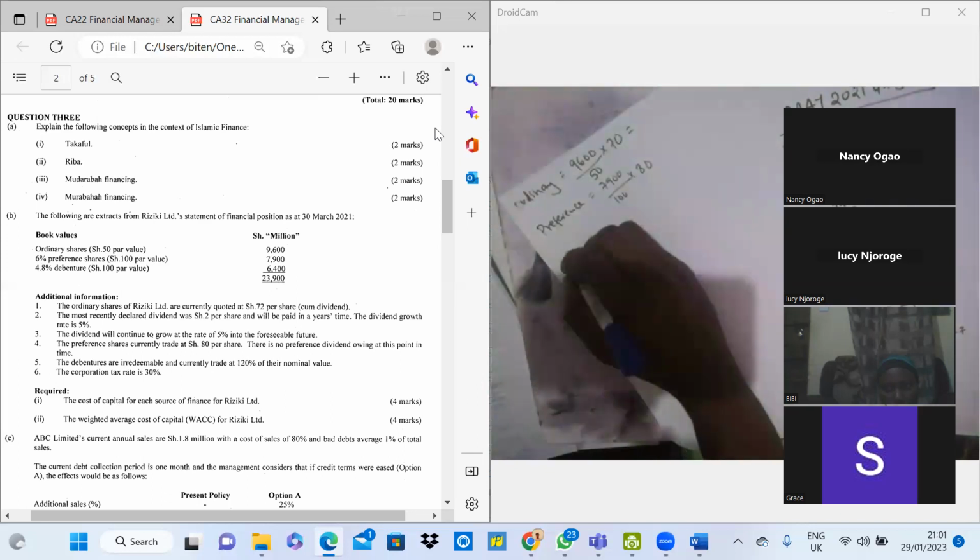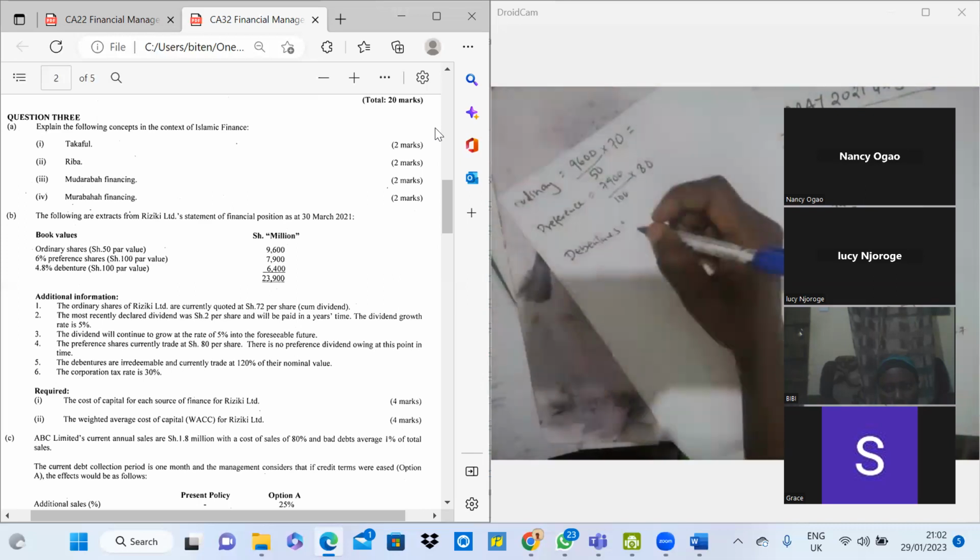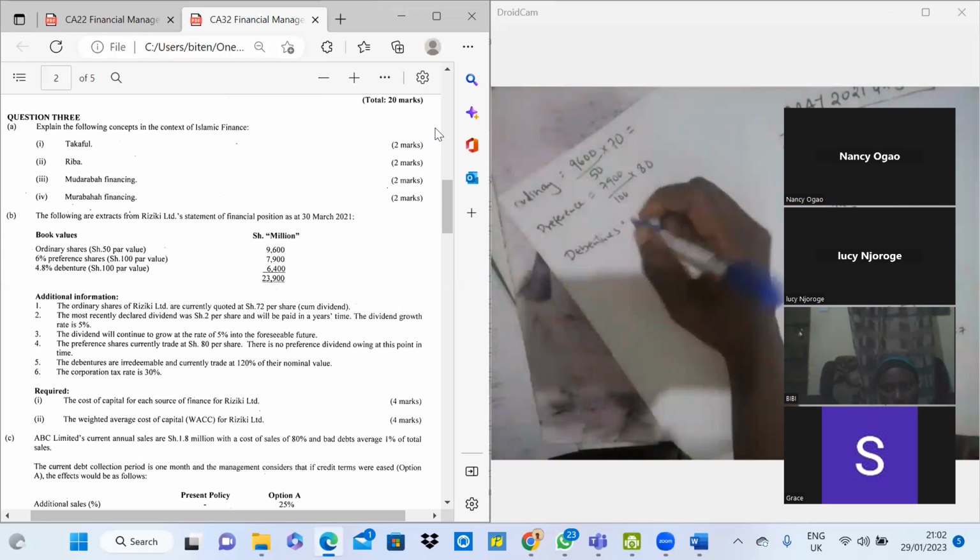And then now we have the debentures. The debentures, it's 6,400. The par value is 100. The market value is 120.